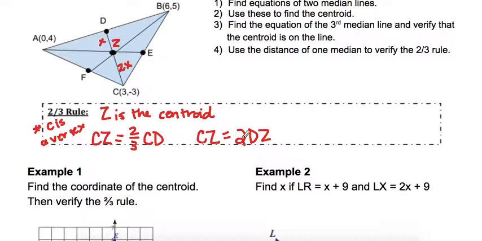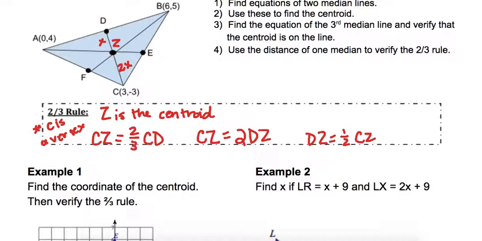Or we can say that DZ, the part from the side of the triangle to the centroid, is 1/2 of CZ, the top part, from the centroid to the vertex. So all of these come together to form the 2/3 rule, just depending on what we're dealing with.